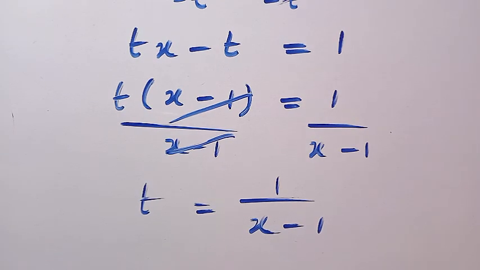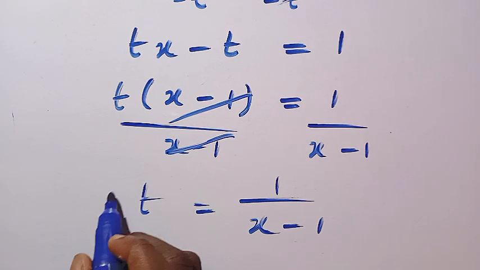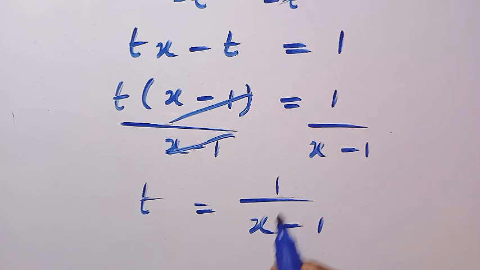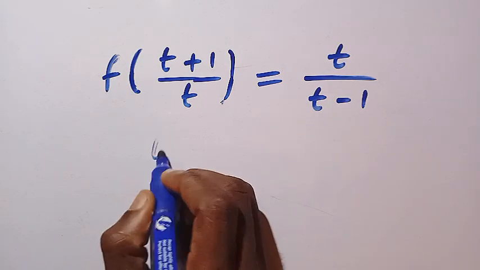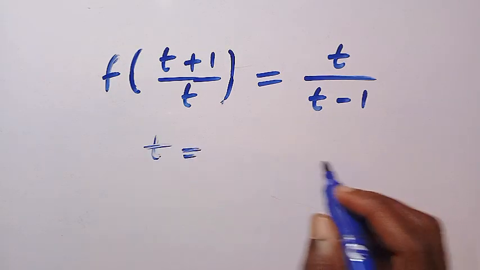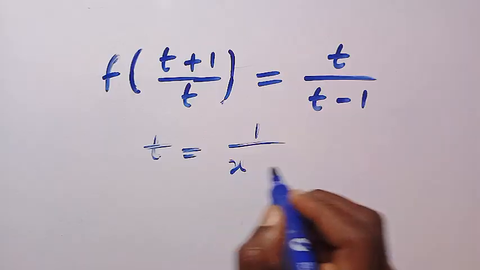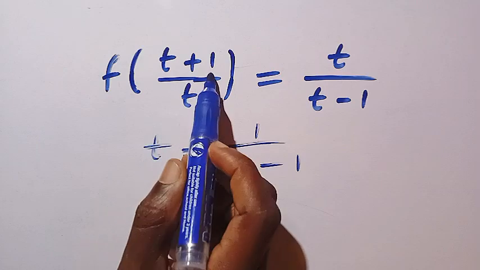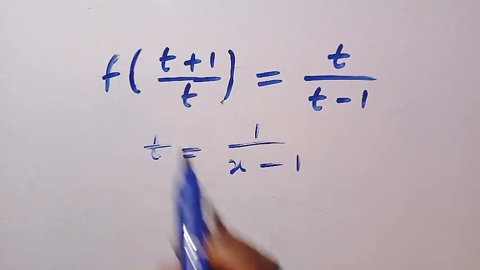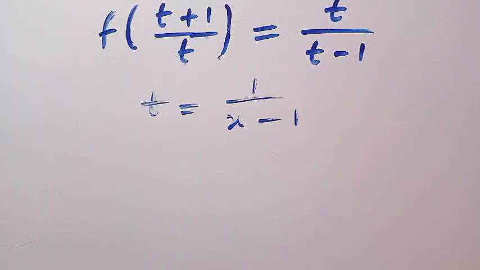Let's come back to the given question and replace everywhere we see t with 1 divided by (x minus 1). We let the whole of t plus 1 over t equal x.